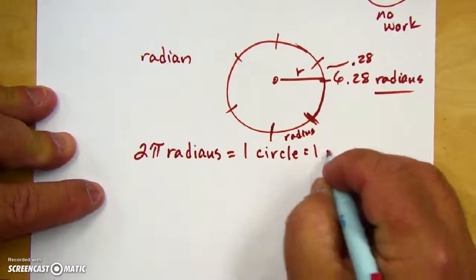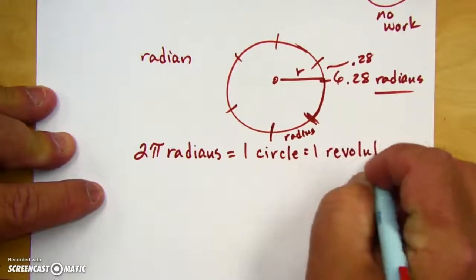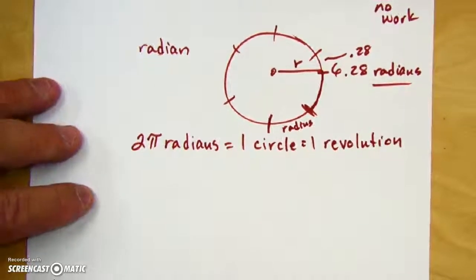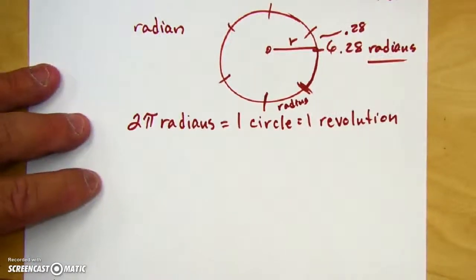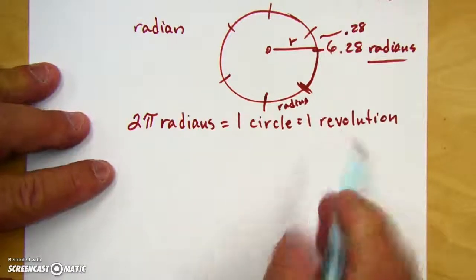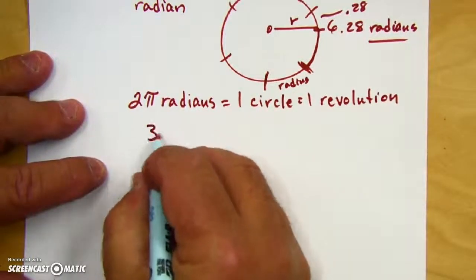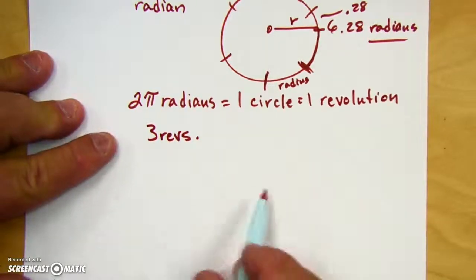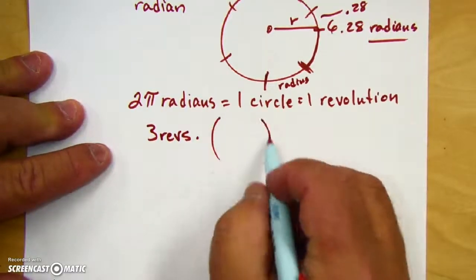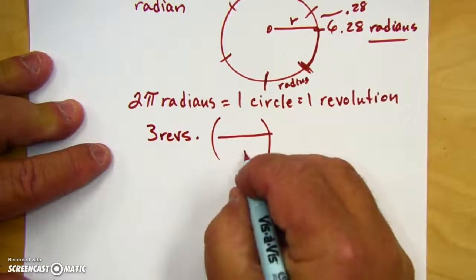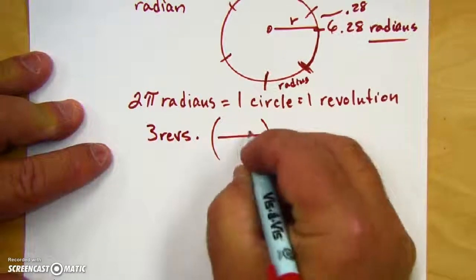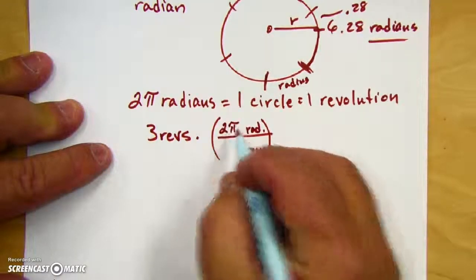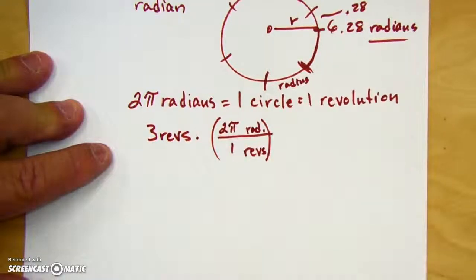But in our terms, we'll use the term revolution a lot. So 1 complete revolution. One thing you'll be expected to do is go from radians to revolutions. So if I say 3 revolutions, and I want to convert that to radians, I put revolutions on the bottom, radians on the top, and I know that 2 pi radians is equal to 1 revolution.